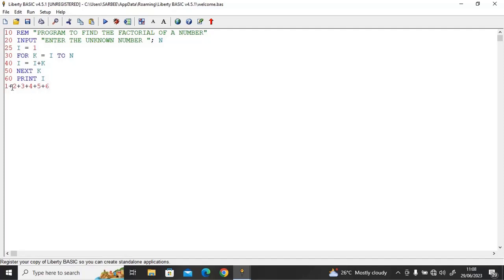As 1 plus 2 is 3, 3 plus 3 is 6, 6 plus 4 is 10, 10 plus 5 is 15, 15 plus 6 is 21. 1 plus 2, 3, 6, 10, 15, 21. So when I put here now, let me make this one WHEN, because you understand how this thing works.